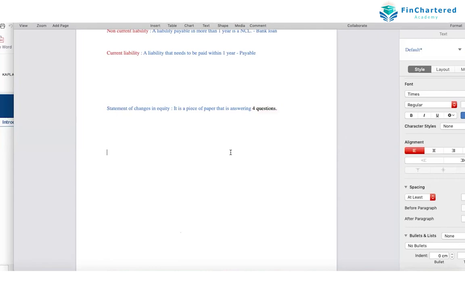Just four. Again, remember, equity is what belongs to the owners. And under equity, we have what? We have the share capital. This is the money the owners invested, the owners put in. The statement of changes in equity looks at how.